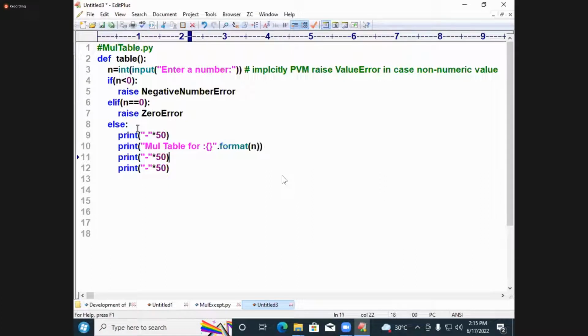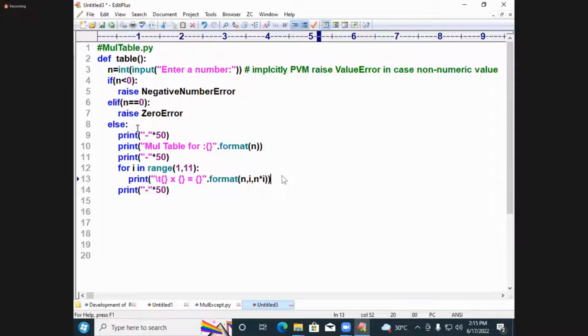Then for i in range of 1, 11, and you know better than me how to write it. \t into is equal to, like this, dot format of n, i, n into i. You know this entire stuff, right?